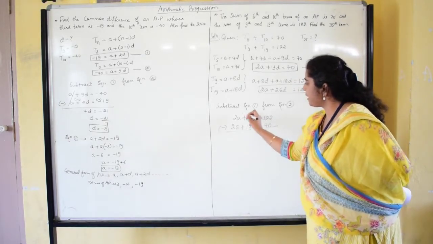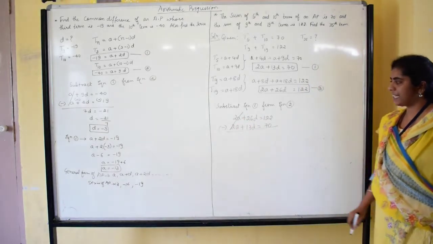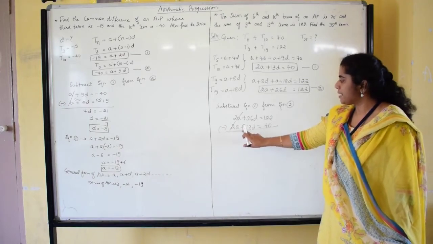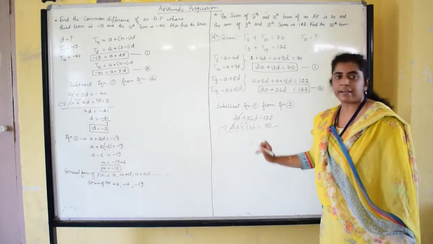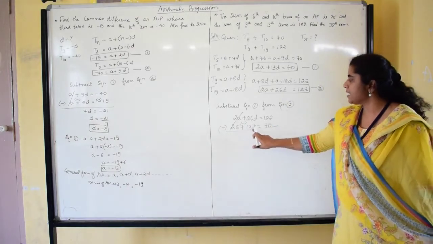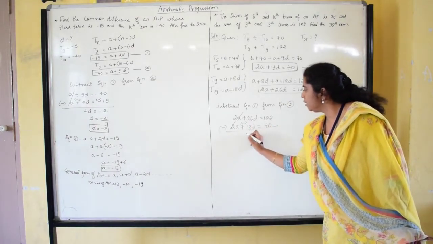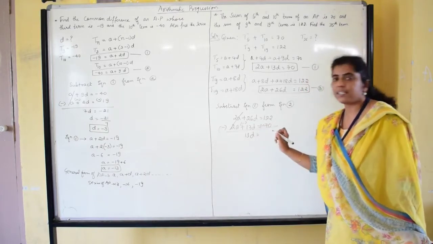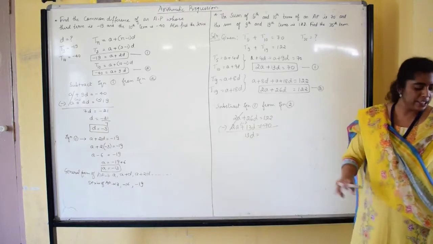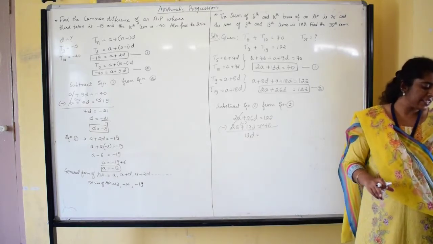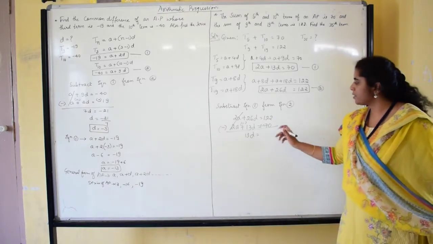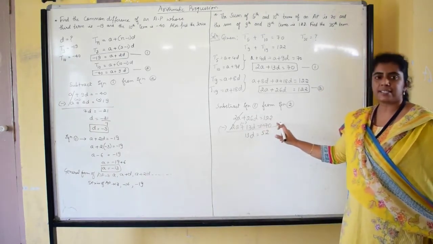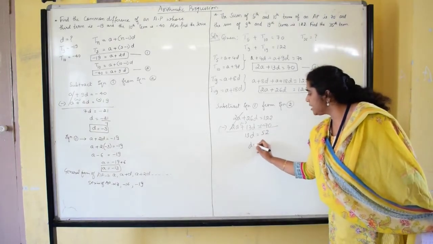If you subtract, 2a minus 2a will get cancelled. Then 26d minus 13d is 13d, is equal to 122 minus 70, which is 52.